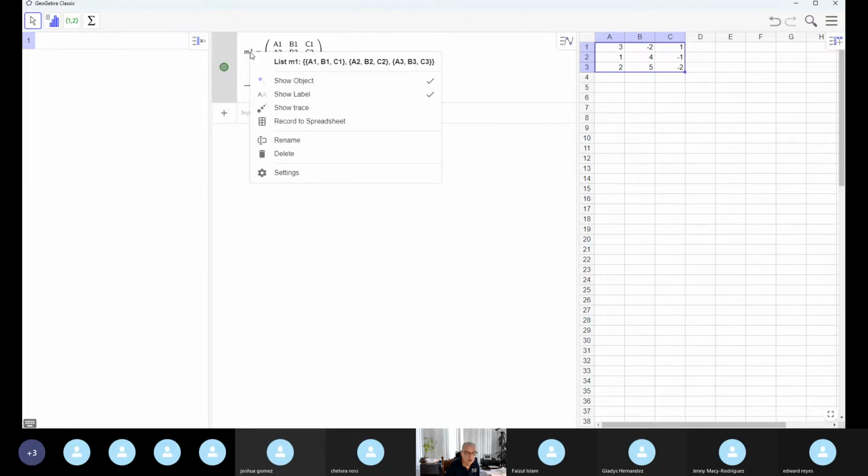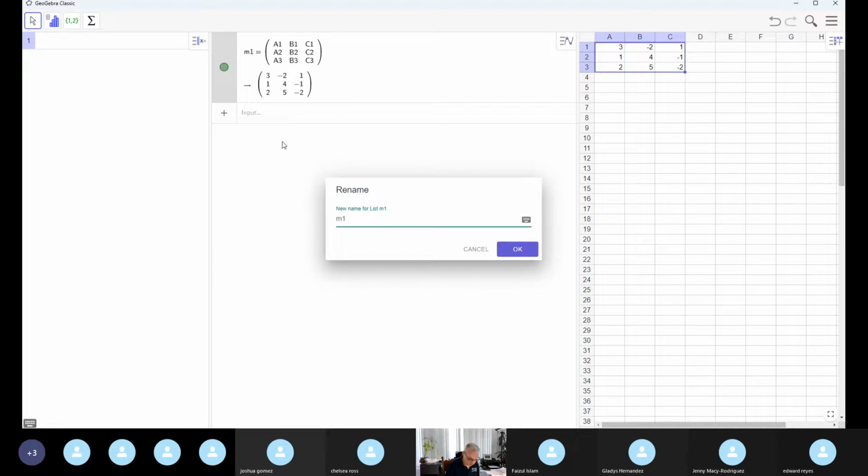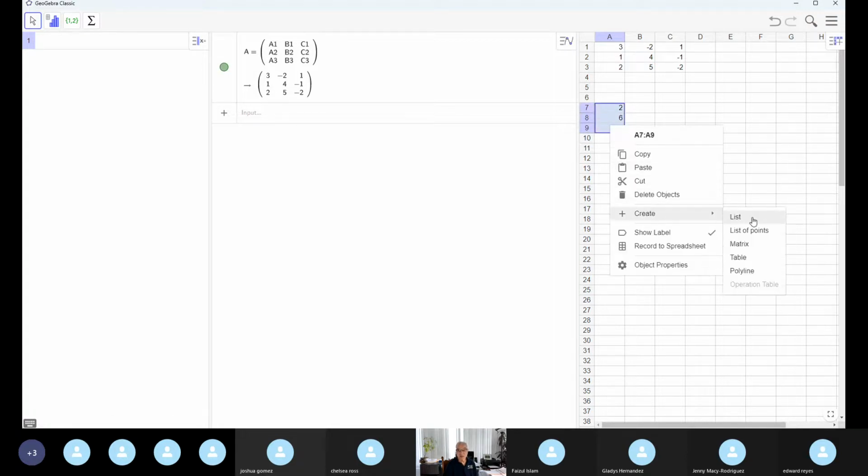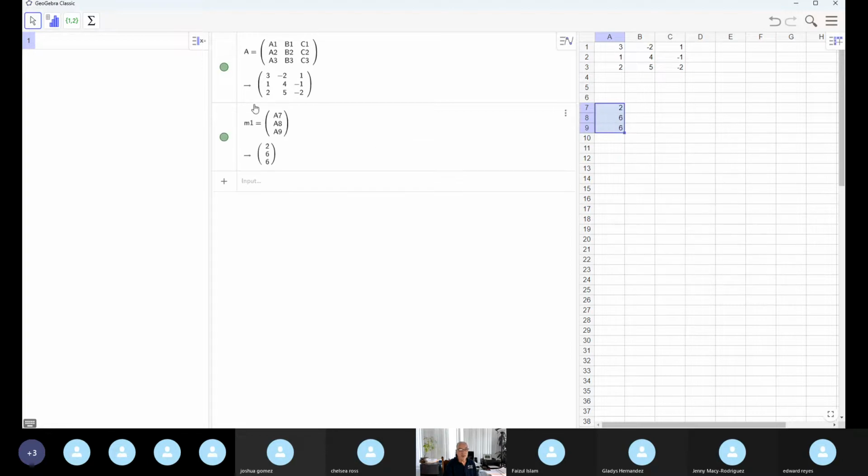I'm checking, guys, because it's frequently me and everyone making mistakes. It's matrix A, capital A. Now let me type in B. B is the right hand side numbers: 2, 6, 6. This is B. I select, I create the matrix, I rename it B.